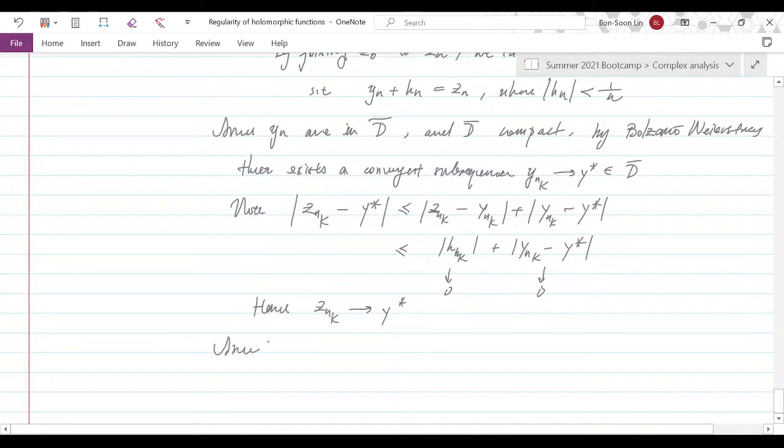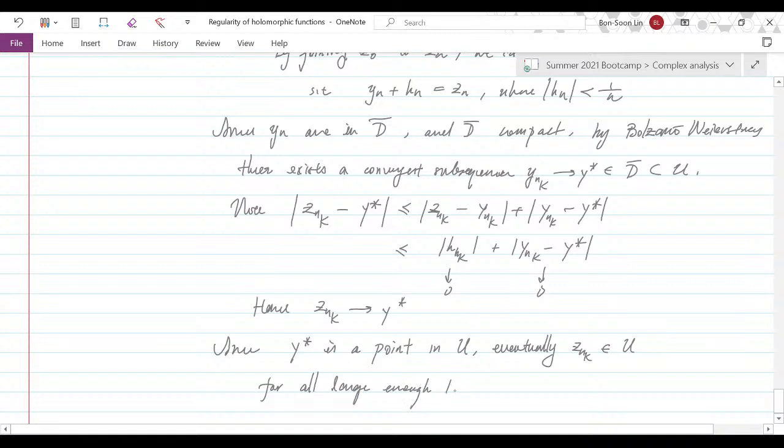Since y star is a point in U, because y star is part of D bar, which is in U, and znk approaches this y star, eventually znk will be in U for all large enough index k.